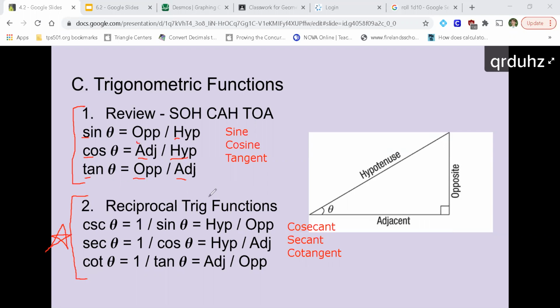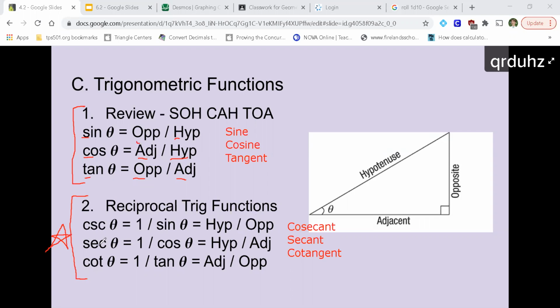They are called the reciprocal trig functions because they are functionally the same thing as sine, cosine, and tangent, just flipped. So cosecant of theta is supposed to give us, instead of opposite over hypotenuse, 1 over sine. So it'll be hypotenuse over opposite. It just flips it.